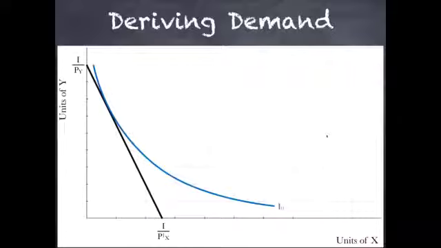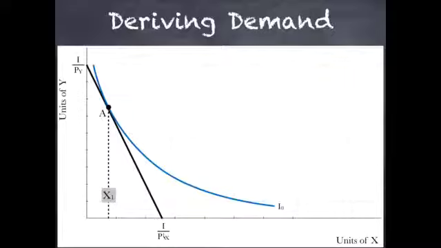So we have our indifference curve that's just tangent to the budget constraint. This gives us the amount of X that's being purchased given our level of income and the price of good X. We're going to keep income constant, but lower the price of X and see what happens to the utility maximizing amount of X we get.